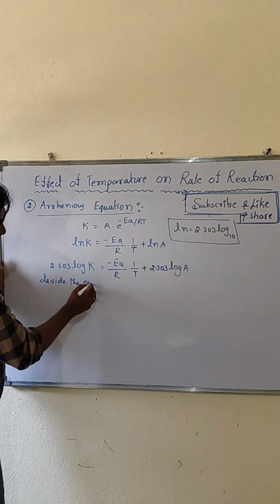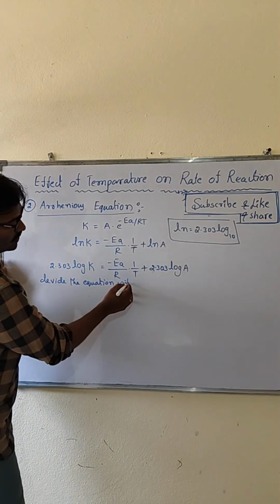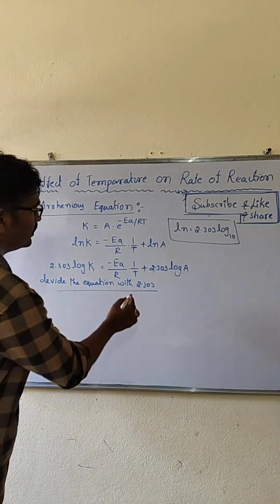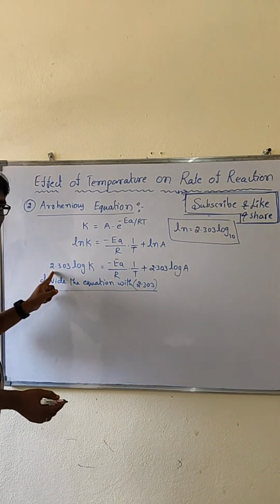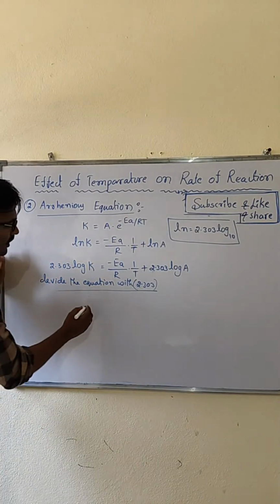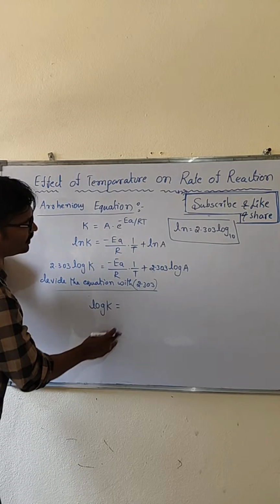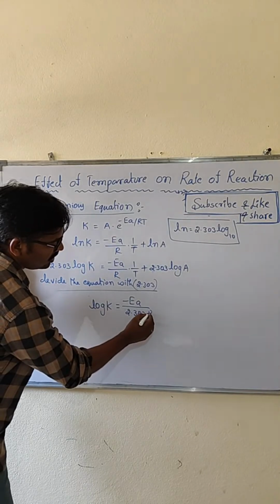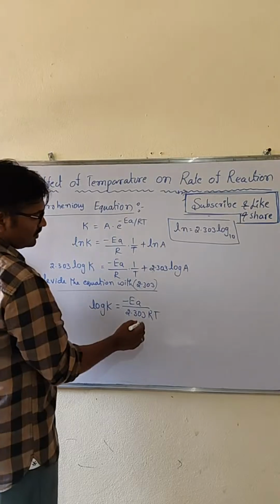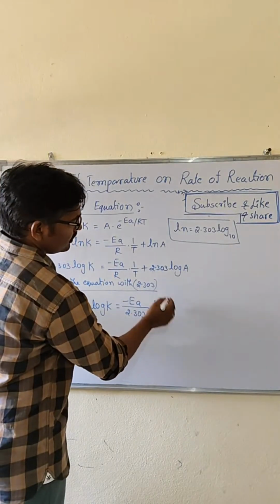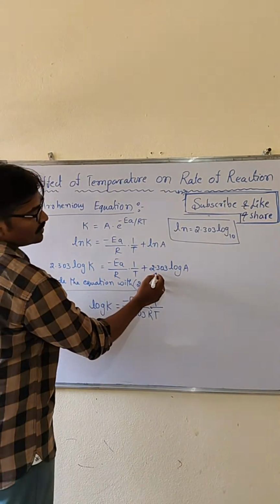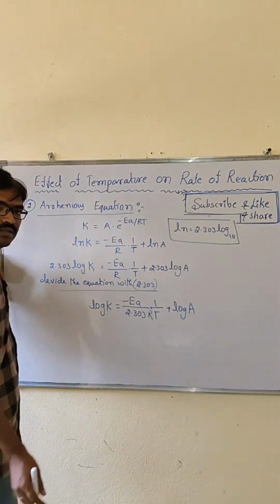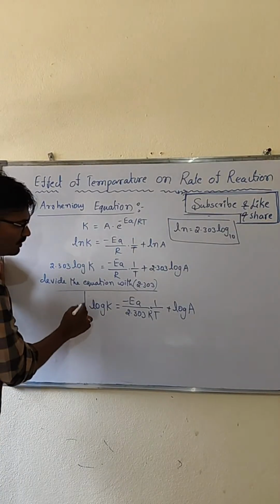Now divide the equation by 2.303. When divided by 2.303, it cancels, and you get log k equals minus Ea divided by 2.303 RT, of course with 1 by T, plus log A. This equation is also very important, my dear students.